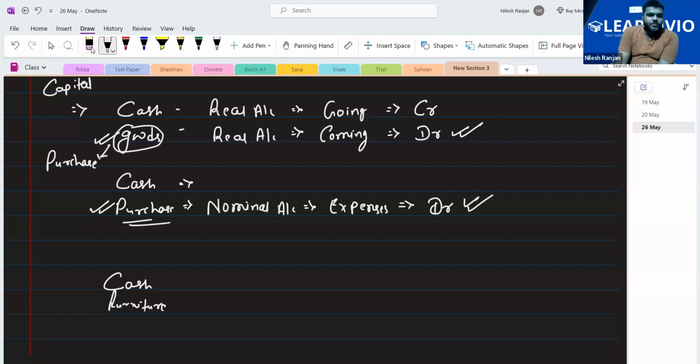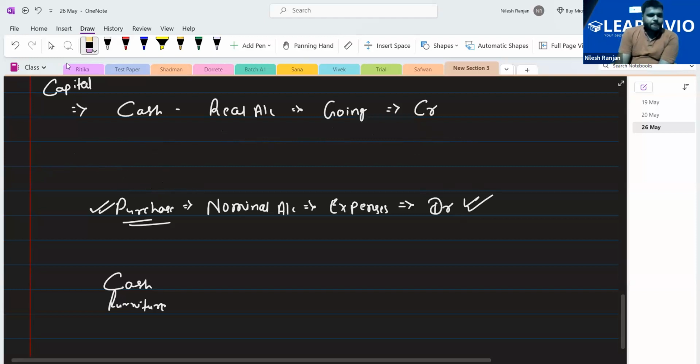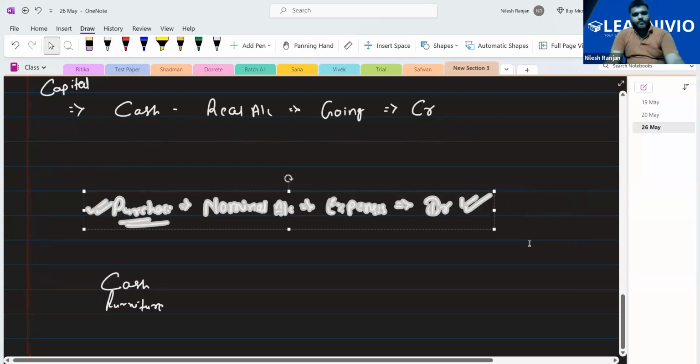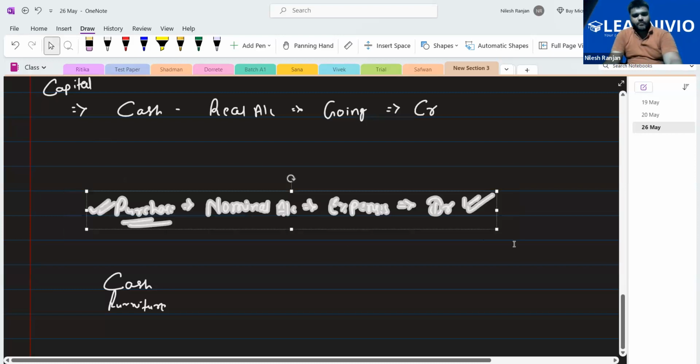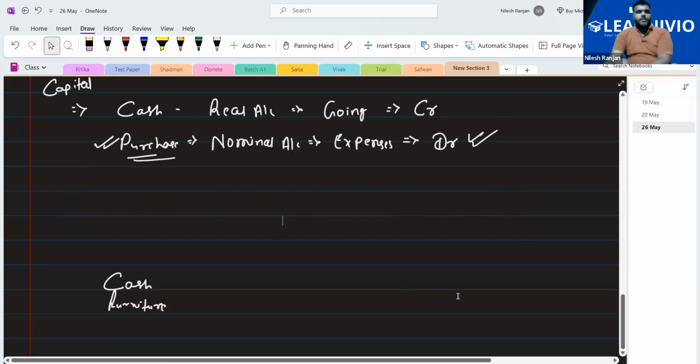So let's remove the goods part. Okay, so cash is a real account, purchase is a nominal account, it is an expense, so it will be debited.